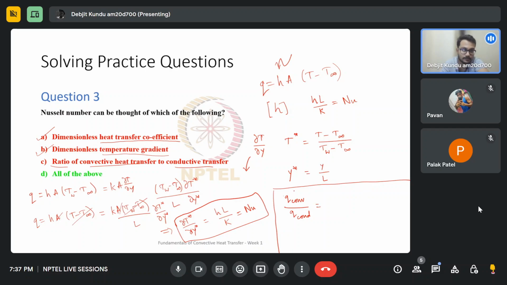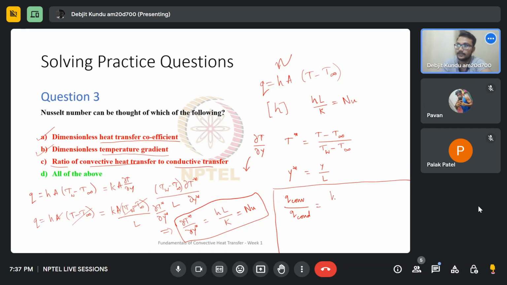So what is the formula for convective heat transfer? Can anyone help me with it? What will be the formula for convective heat transfer? It's written in this slide only. We have the formula written here, right?